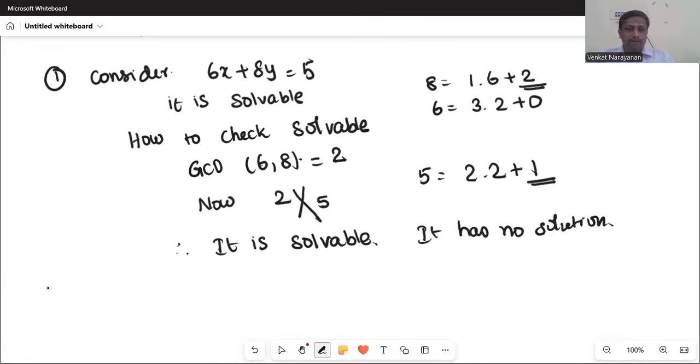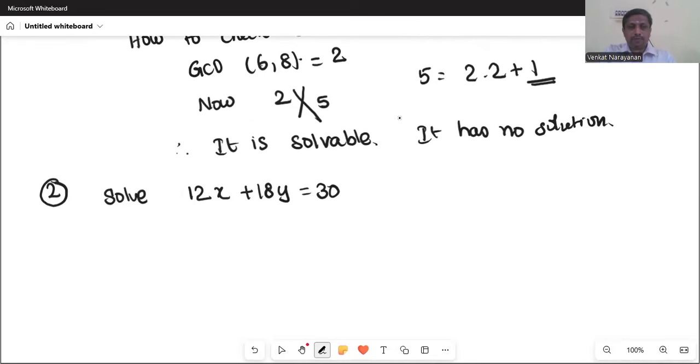Okay, now we come to the second concept. Another example we can consider: solve 12x plus 18y equal to 30. What is A in this problem? A is 12 and B is 18. What is the GCD of 12 and 18?